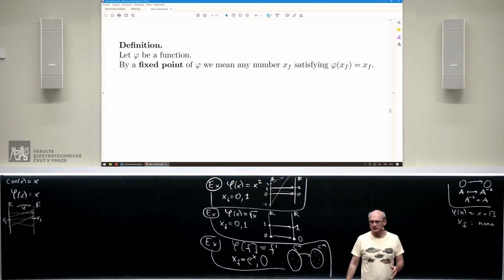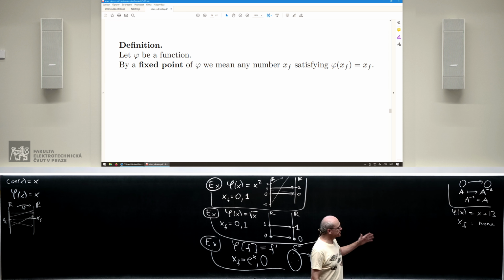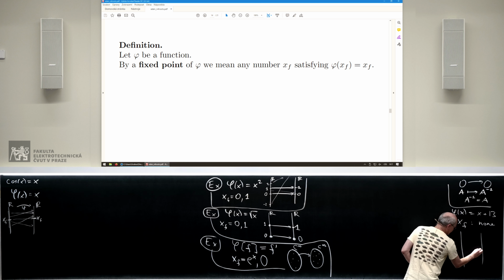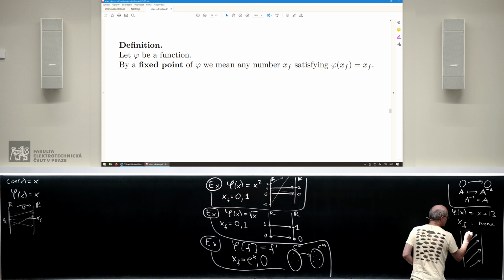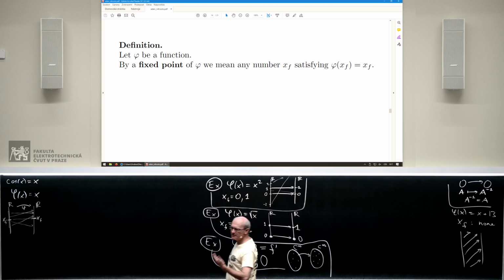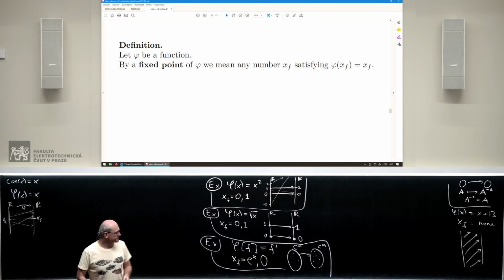So this mapping, although it's very simple, it's a very nice linear function. It does not have fixed points. And of course, the picture is quite suggestive. This is just a shift by 13. So we cannot really expect to see any fixed points. So there may be fixed points, they may not be fixed points. Let's have a look at some interesting theory.